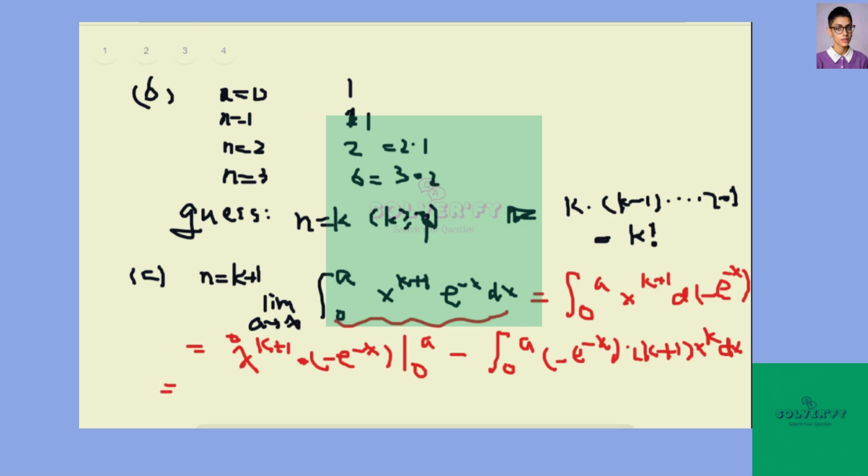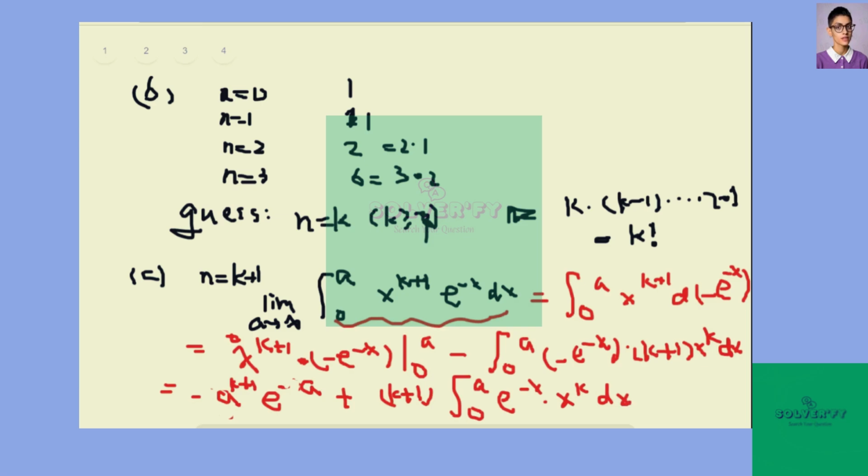This is equal to negative A^(k+1) e^(-A), and plus (k plus 1) times the integral from 0 to A of e^(-x) times x^k dx.